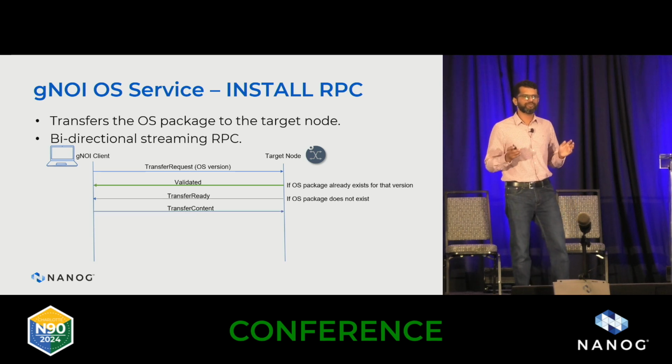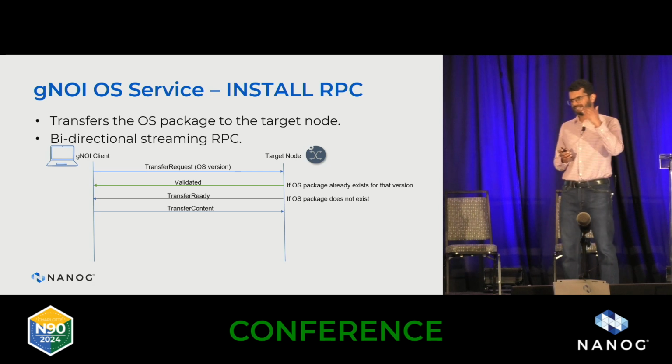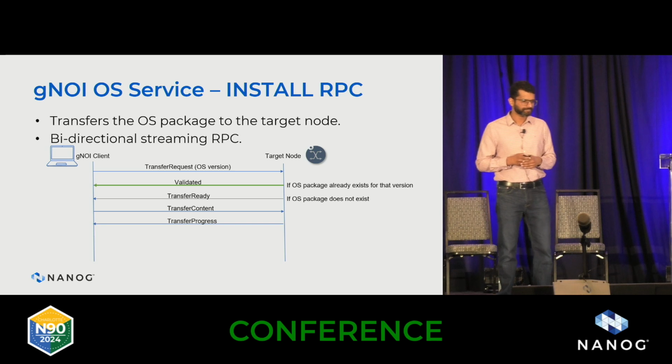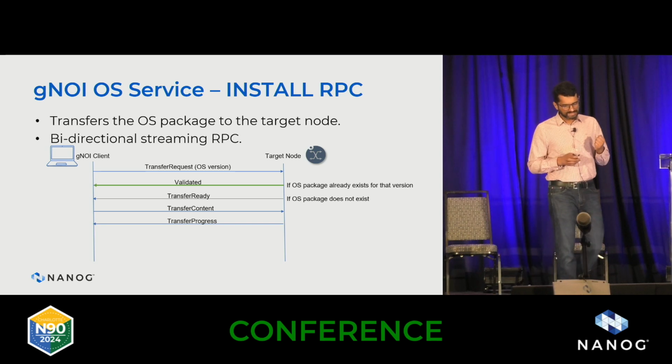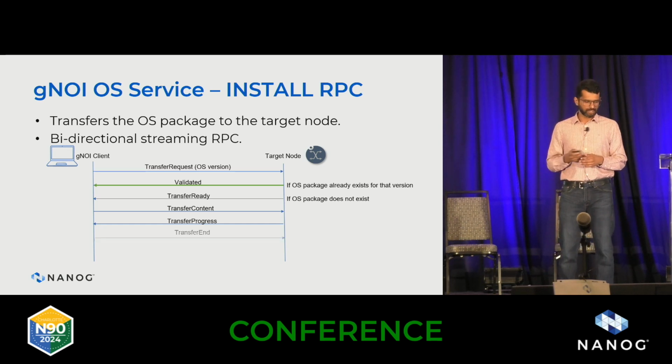And then the client will start transferring the image. And we can see the progress of the transfer when we execute the gNOI command. And the target has an option to send a transfer progress message back to the client indicating how many bytes have been received so far. Again, that's optional. Depends on the implementation on the router.